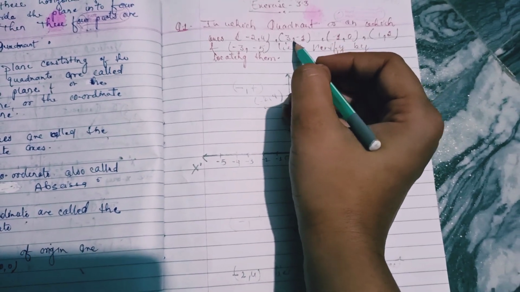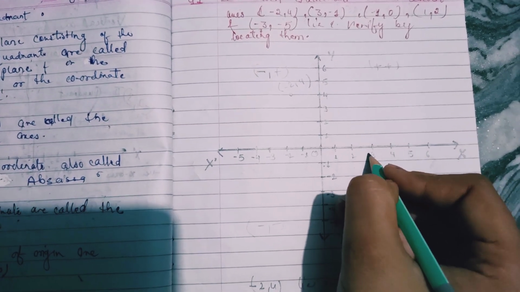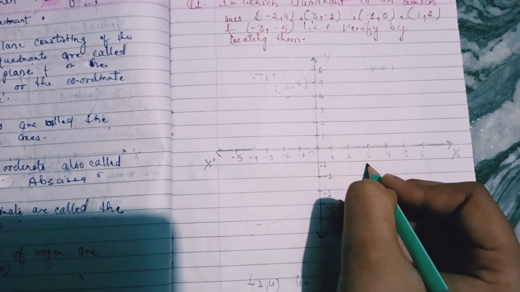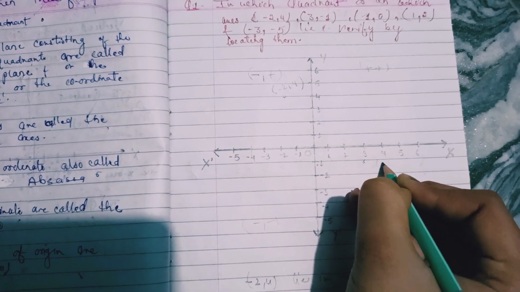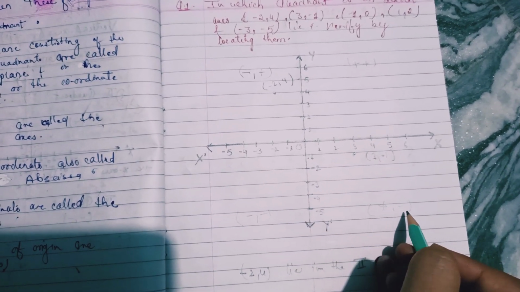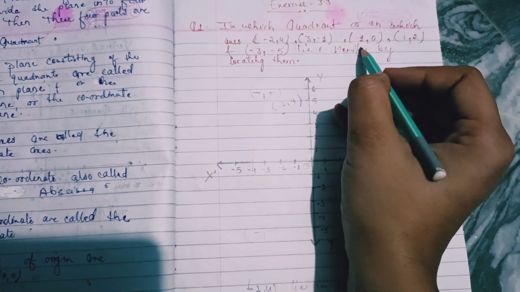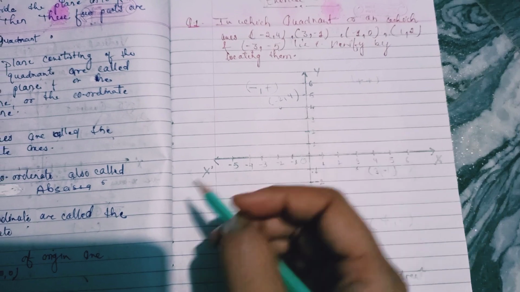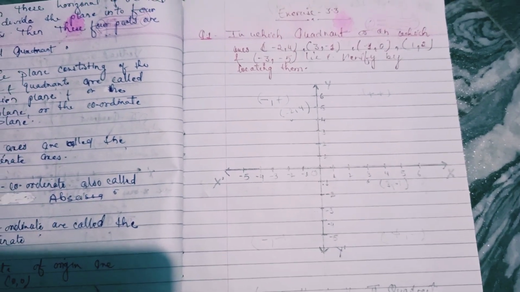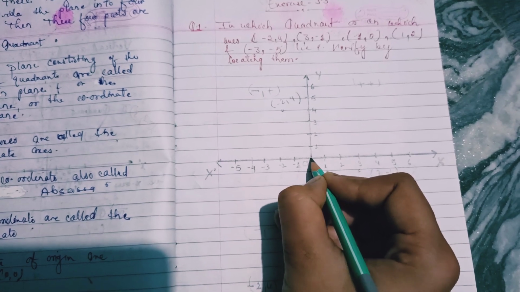Now second is 3 and minus 1. So this is the point 3 and minus 1; the first value is positive and the second is negative. Similarly, the third one is minus 1 and 0. It means the x coordinate is minus 1 and y is 0.